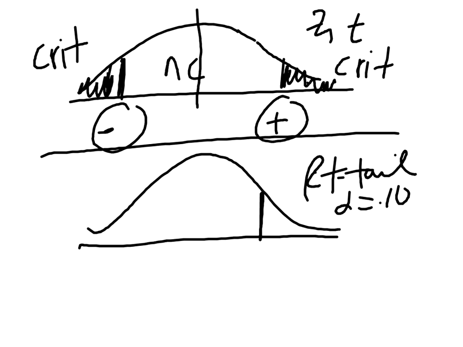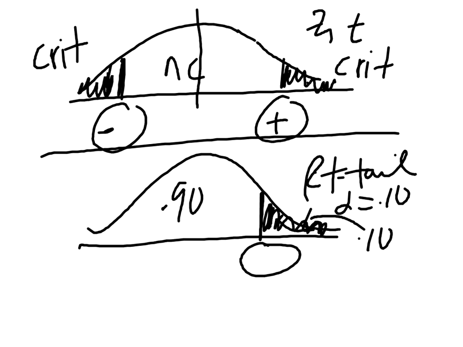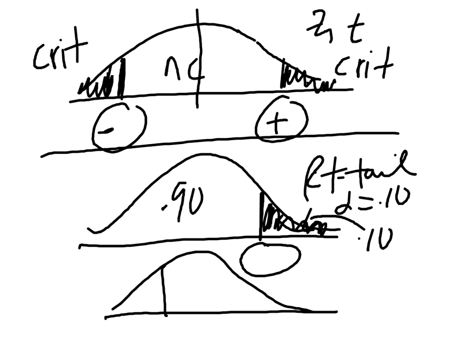So in that case, we would have 10% of the area in the right tail, and the other 90% would be our non-critical area. And of course, the z or the t-value that separates the critical from the non-critical is called our critical value. And then they also introduced us in this chapter to a left-tailed test.